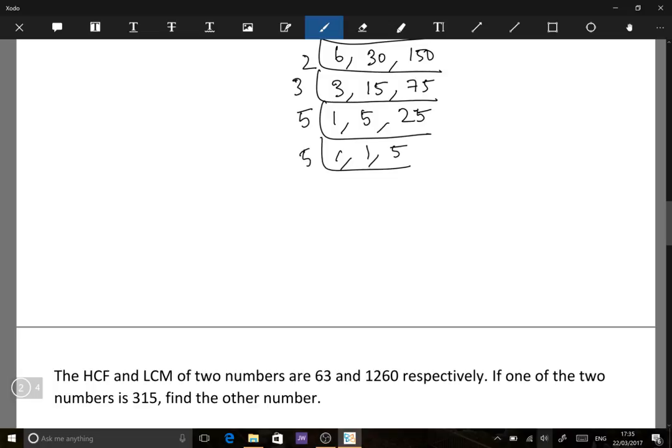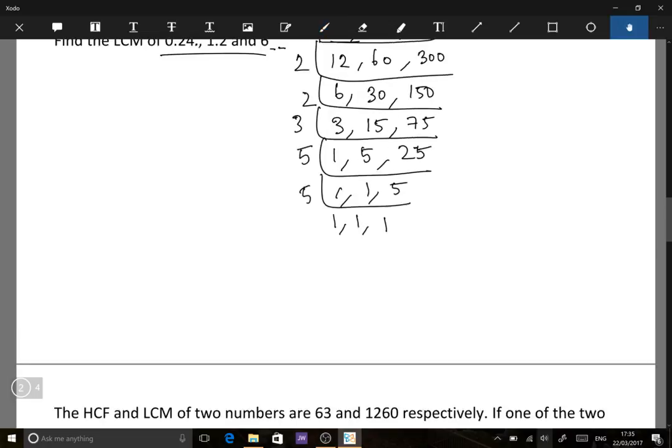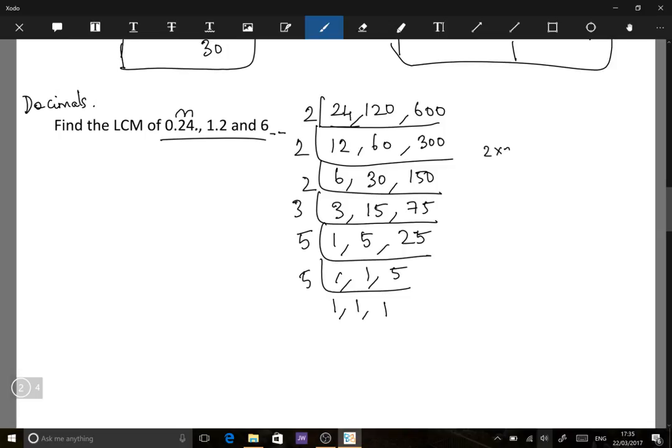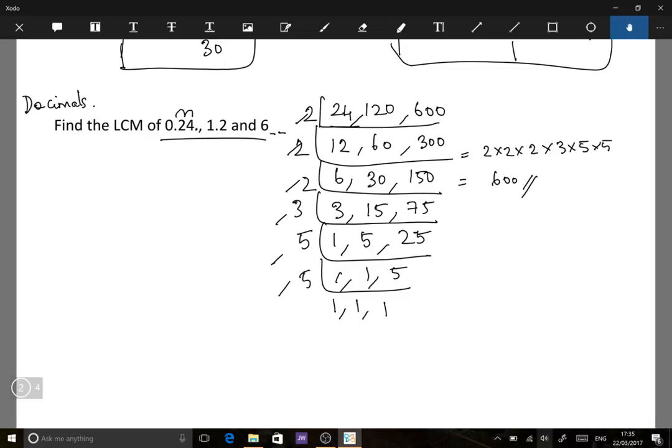Now again by 5, it's 1, 1, 1. So what are all the numbers? 2 into 2 into 2 into 3 into 5 into 5. So 3 2s, 1 3 and 2 5s. So the answer is 600. LCM of these decimals is 600. We don't have to worry about the decimals. We can just follow the normal method by ignoring the decimals and adding the corresponding zeros.